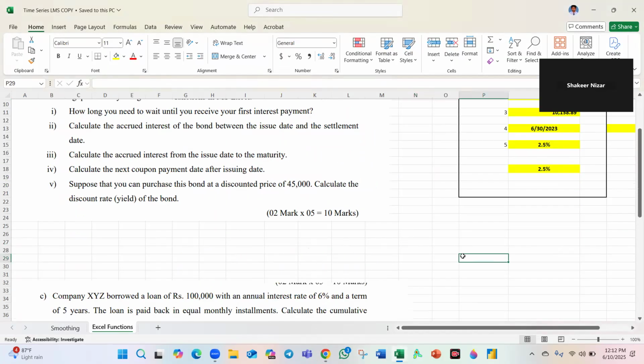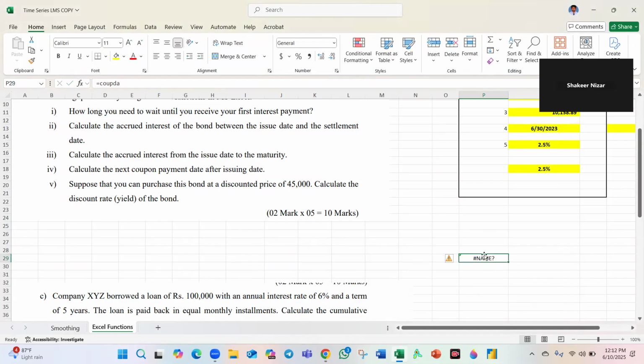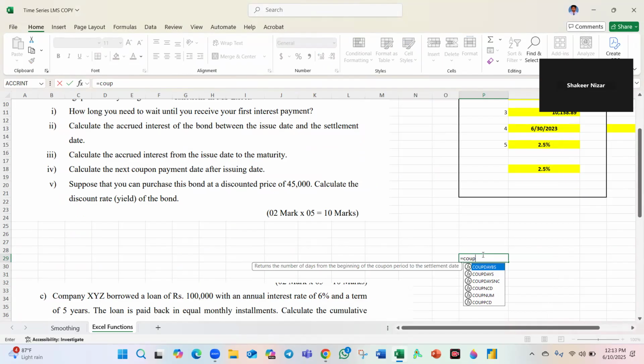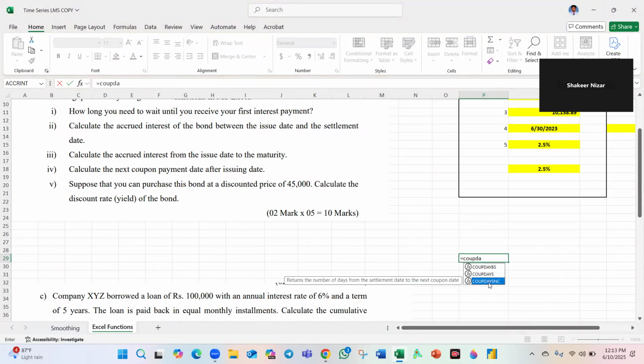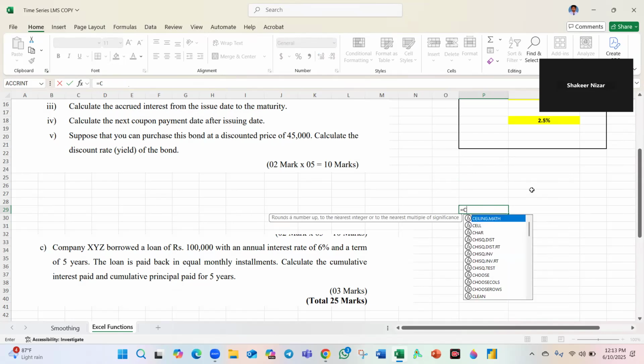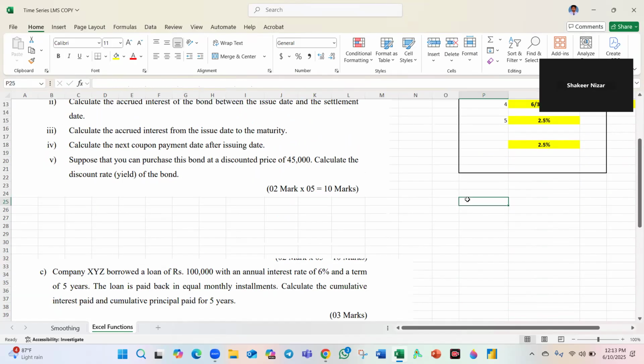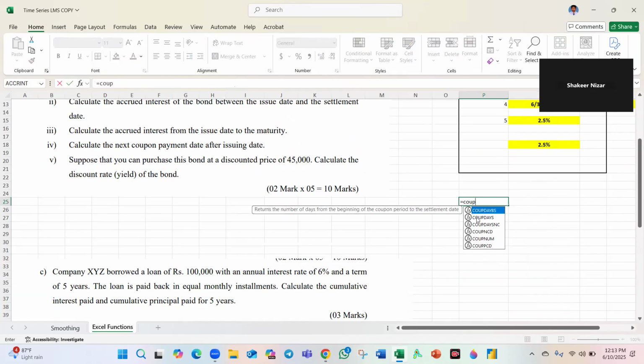So we need to calculate using the COUPDAYS function. Use the COUPDAYS function. You can see how to use it.